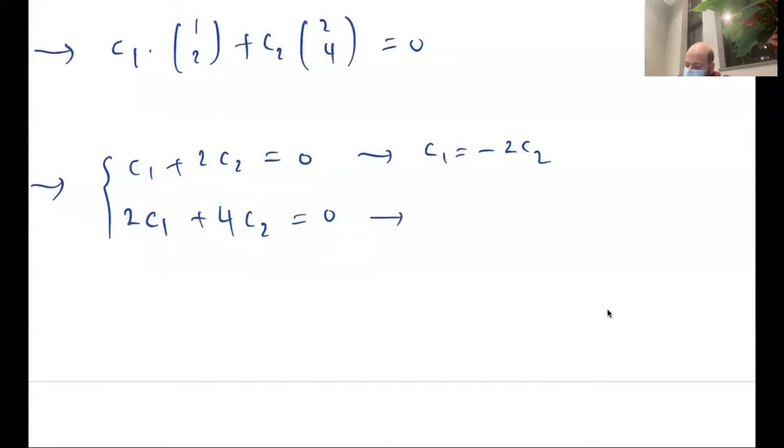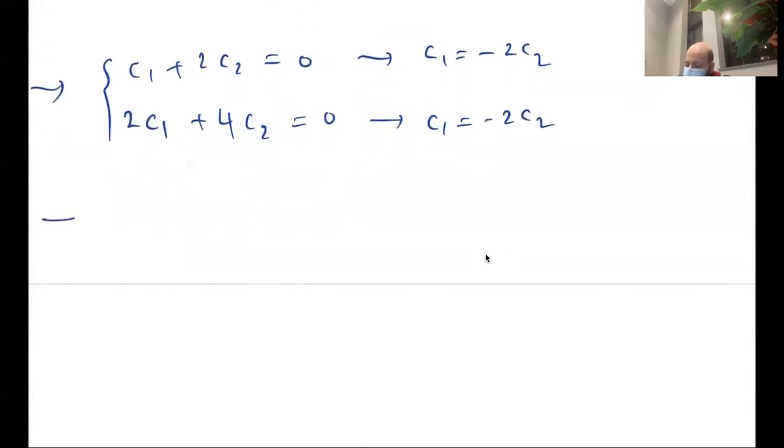And the second one also means C1 equals minus 2C2, because if I take 4C2 to the other side and divide by 2, I again get C1 equals minus 2C2. So basically, I have one equation with two unknowns, so there are infinitely many solutions for this system.